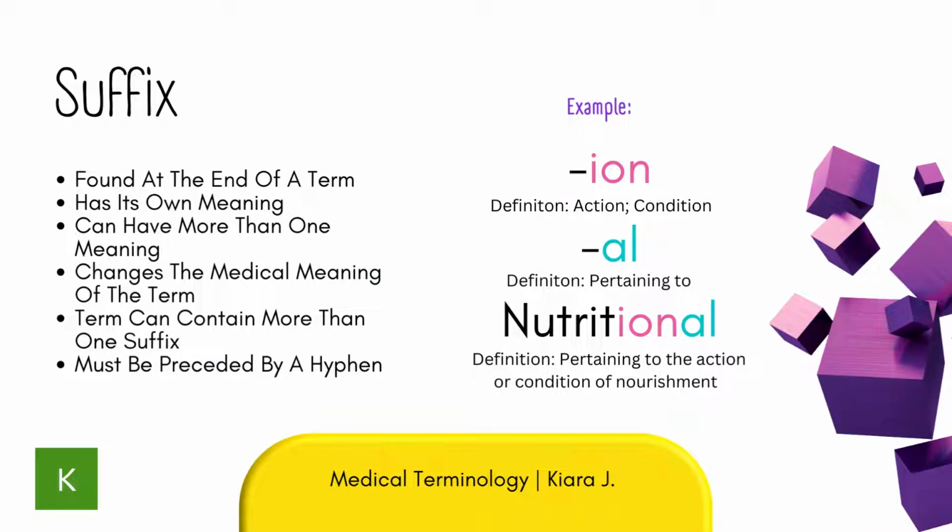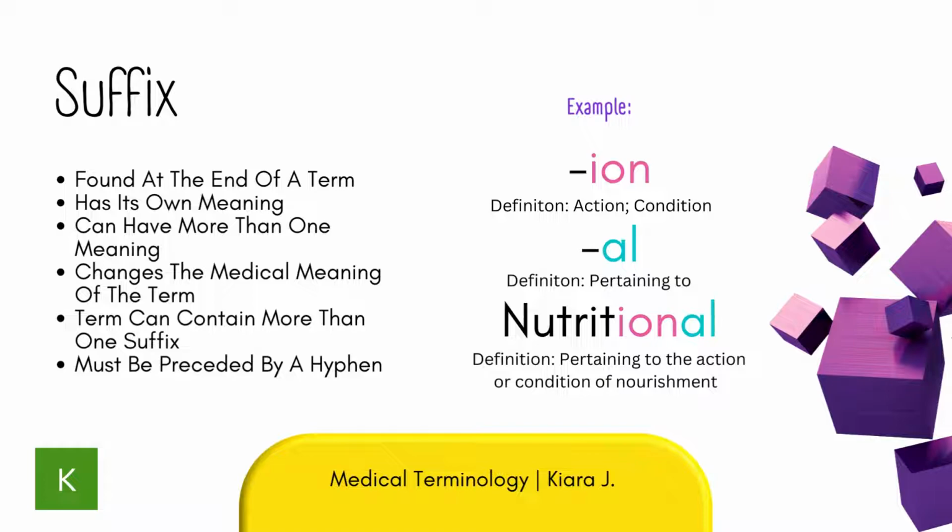So here on suffixes. The rules for these are pretty much the same as what we've seen before, except this is found at the end. It also has its own meaning. Each suffix can also have more than one meaning. It changes the medical meaning of the term, and a term can have more than one suffix. And when written outside of the full term, it must be preceded by a hyphen.